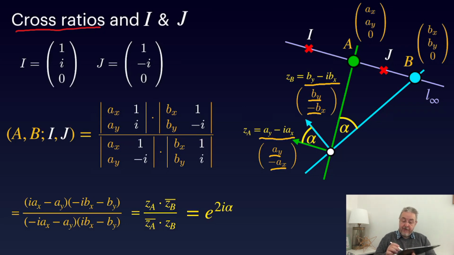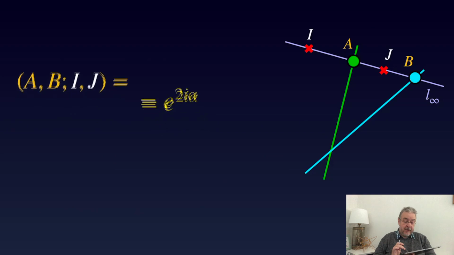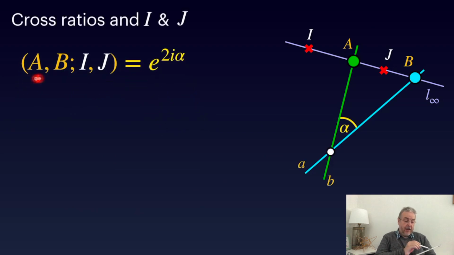So what we arrived at is a formula to calculate the angle. So we got, after all, this nice formula: the cross ratio of A, B, I, and J is the same as e to the 2i alpha, where alpha is the enclosed angle between the two lines.